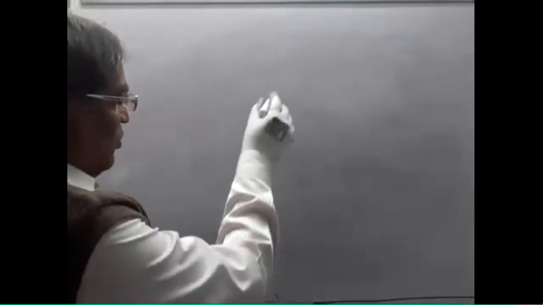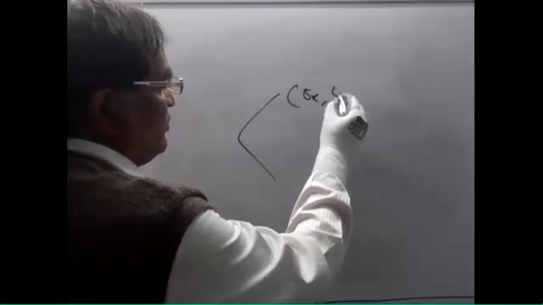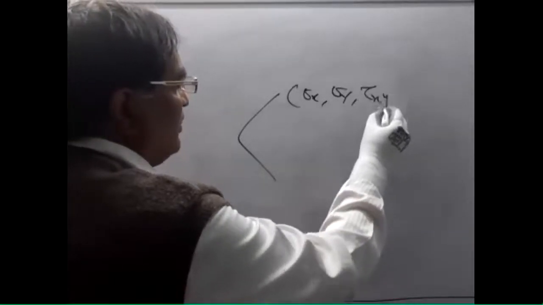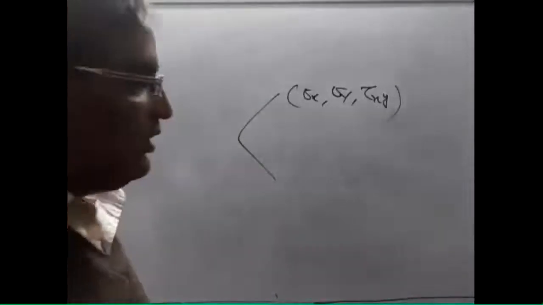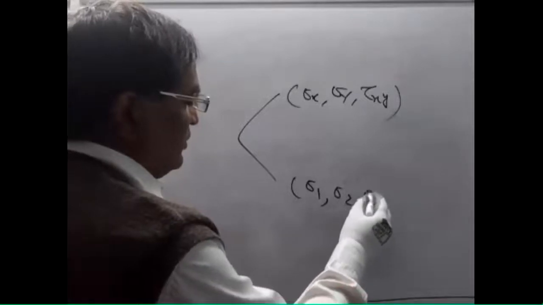There are two types of Mohr circle diagram drawn. Generally, I classify them by whether you have been given sigma x, sigma y, tau xy, or you have been given the principal stresses sigma 1, sigma 2.